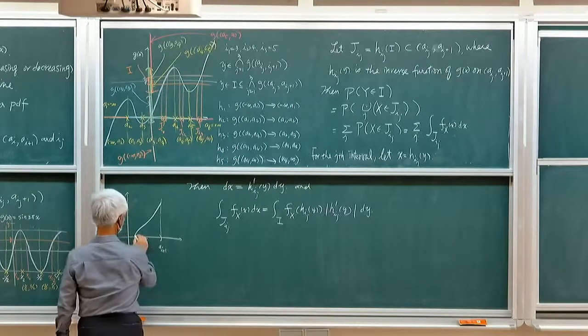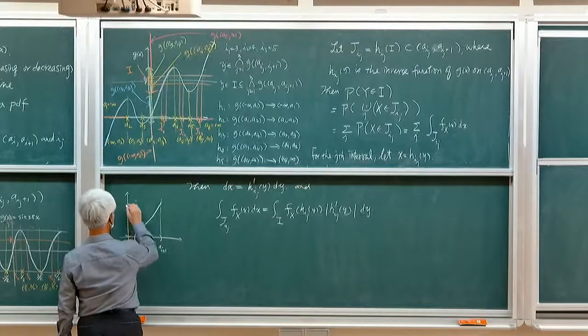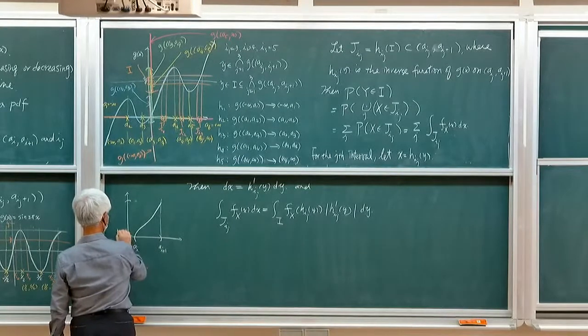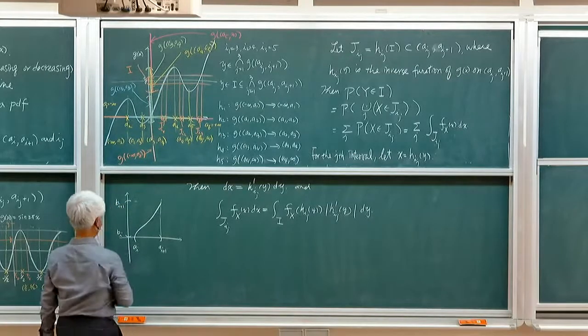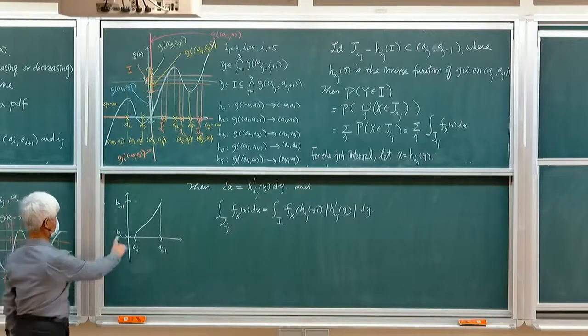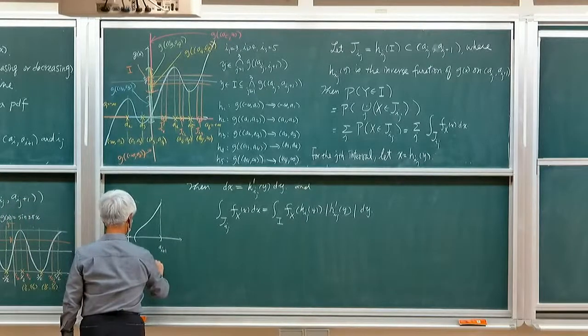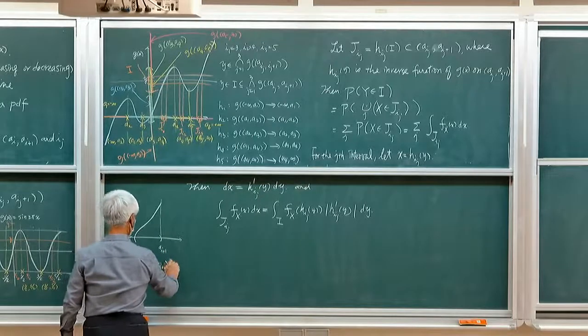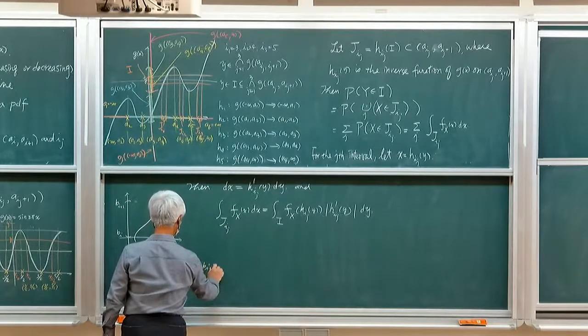So maybe this is from a_i, and this is b_i plus 1, say here. Okay, this is the range. So g is from a_{i+1} to b_{i+1}.